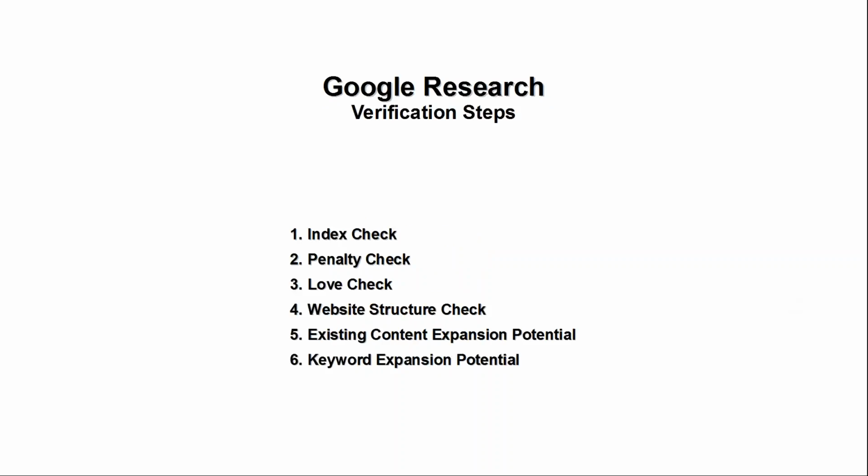Now, the first part of this is simply talking about the verification steps. I want to go through very briefly what these verification steps are that we're going to be talking about in today's class. The first of these is an index check. Now, the first 3 of these, I group all of these into what I call the Google love check.